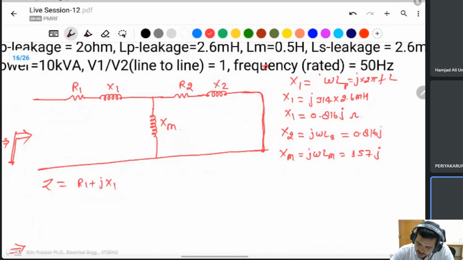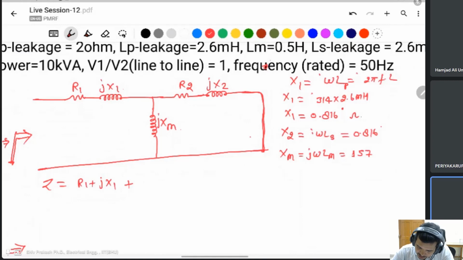Take that as jX1; the j is mentioned with X. X1 is omega L only, so jX1 plus, then j is mentioned here.